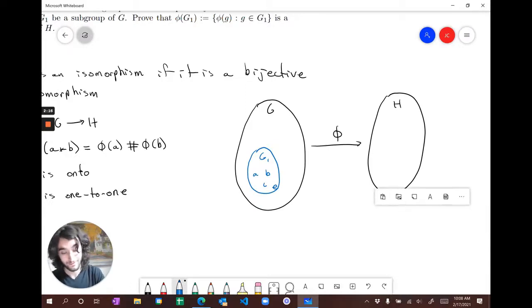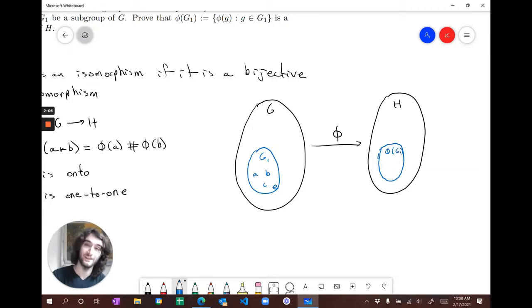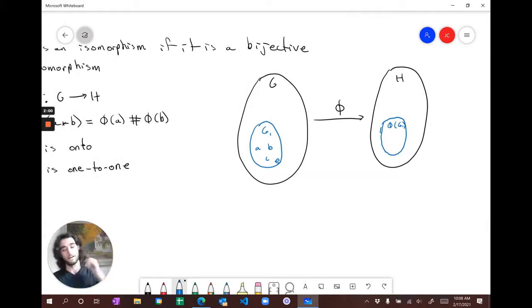If you apply phi, what you get is some subset of H, phi of G1, and allegedly that too is a subgroup of H, meaning it's closed, has inverses and identity and everything. That should make sense if phi is an isomorphism.